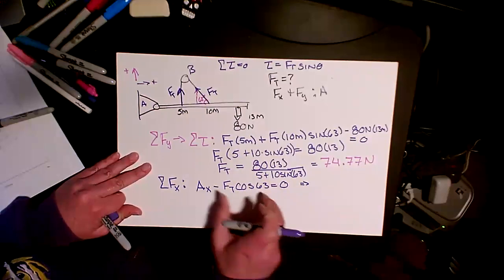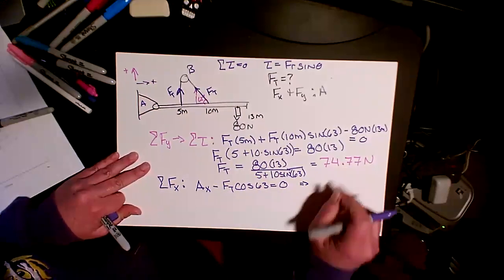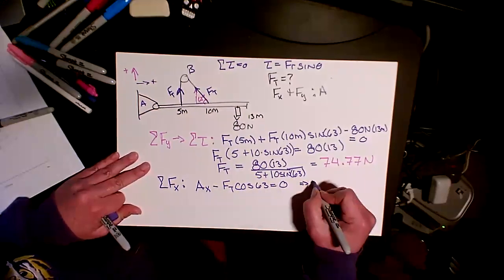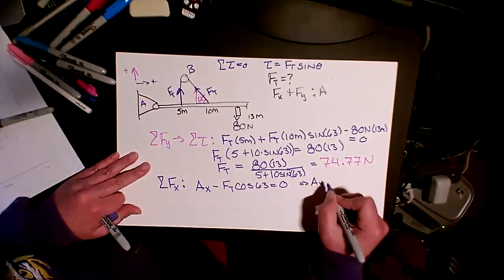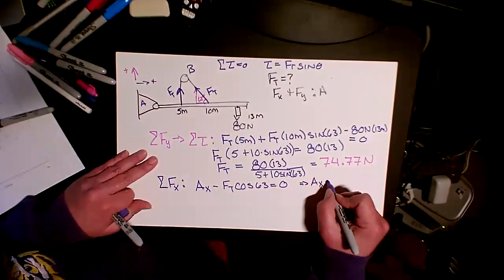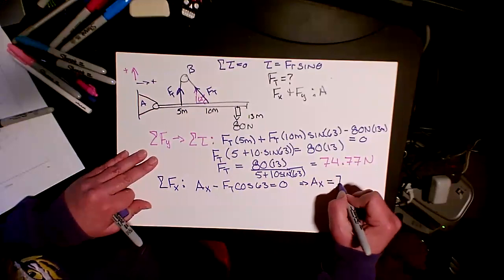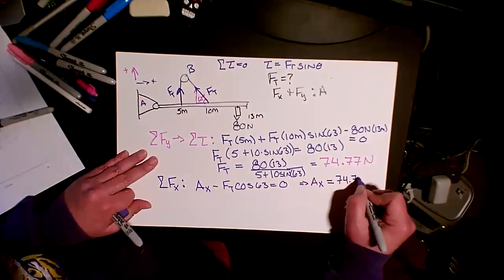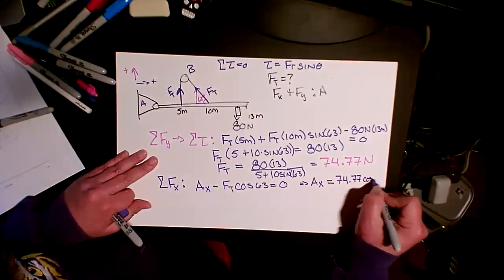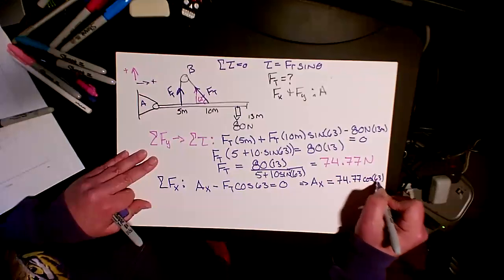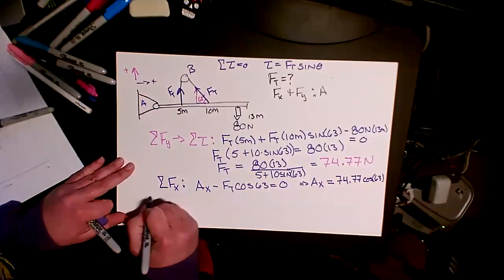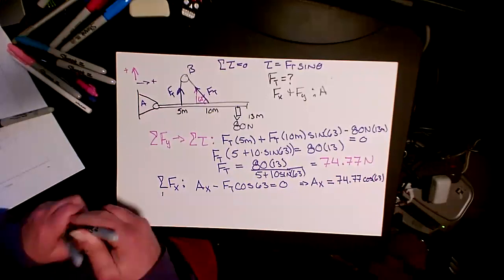So now I can just move this thing over to the other side. I already know what the force of tension is, so I can throw that in there. And I say that the force of A in the X is going to give me 74.77 times cosine of 63. That's it.